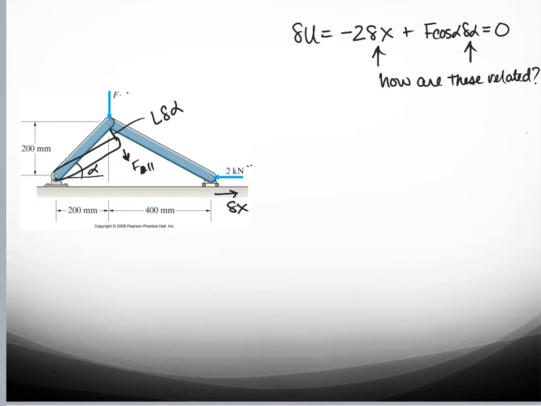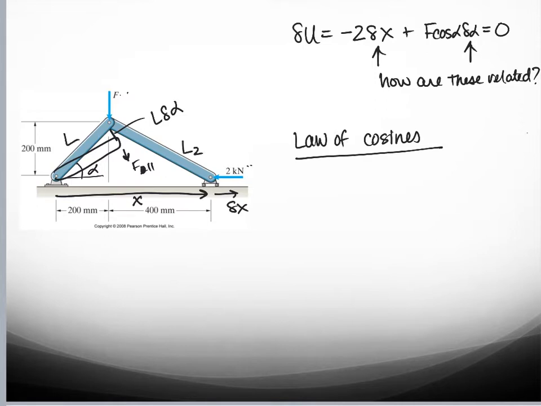So in order to do that, we're going to use the law of cosines. We're going to be clever here. In the law of cosines, we can make a relationship between the three sides of a triangle and an angle. Remember I had labeled this one L2 and this was L, and we're going to call this one x.